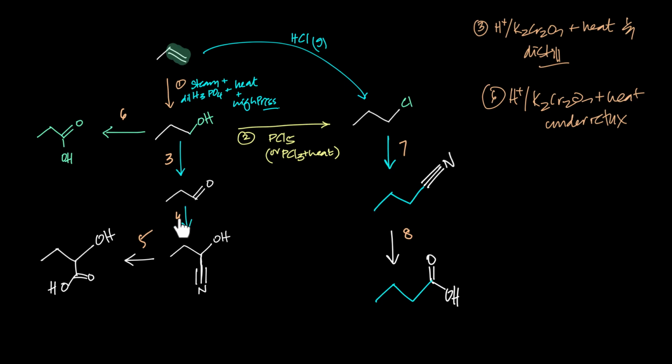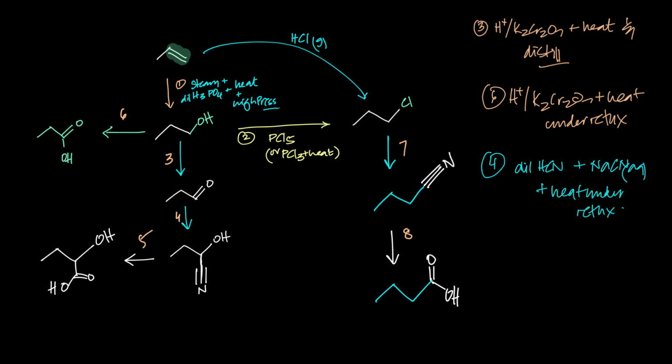And then number 4 is the reaction between an aldehyde and HCN. That's your nucleophilic addition reaction. So number 4 is nucleophilic addition with, let's say, dilute HCN as your reagent, but you also need a catalyst, NaCN aqueous, and it is heat under reflux.